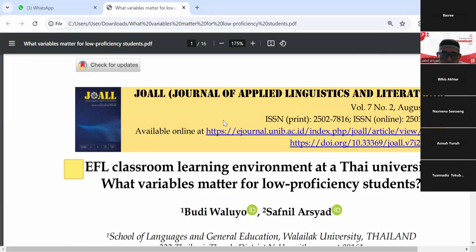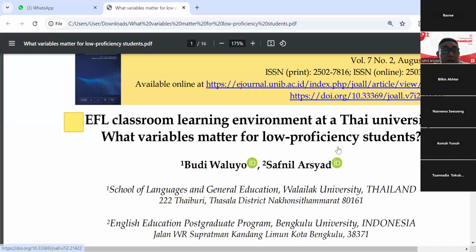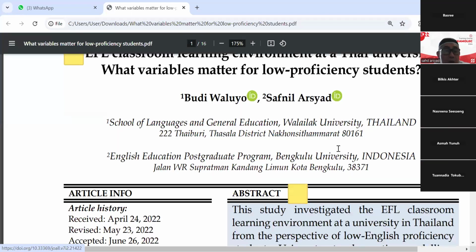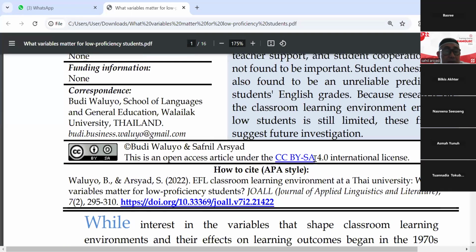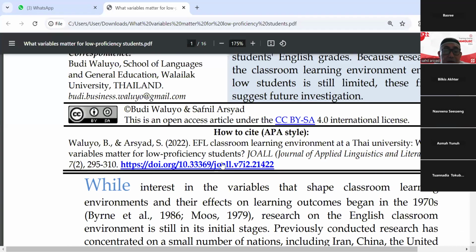So Joel, the Journal of Applied Linguistics and Literature, is in Sinta 2. You can find this when you open the website of Joel.